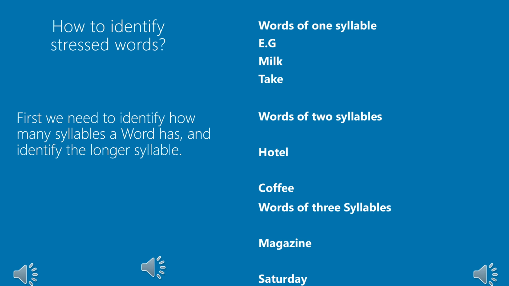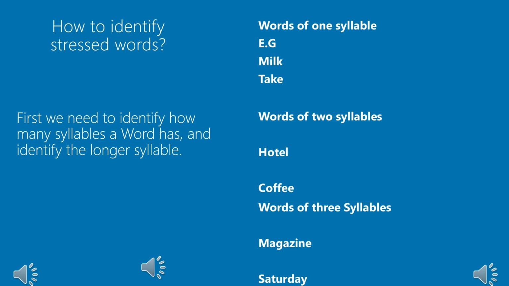Unlike other languages such as Spanish, which actually has a graphic accent to mark stress, English doesn't use any graphic representation. So this brings out the question, how do we identify stressed words?